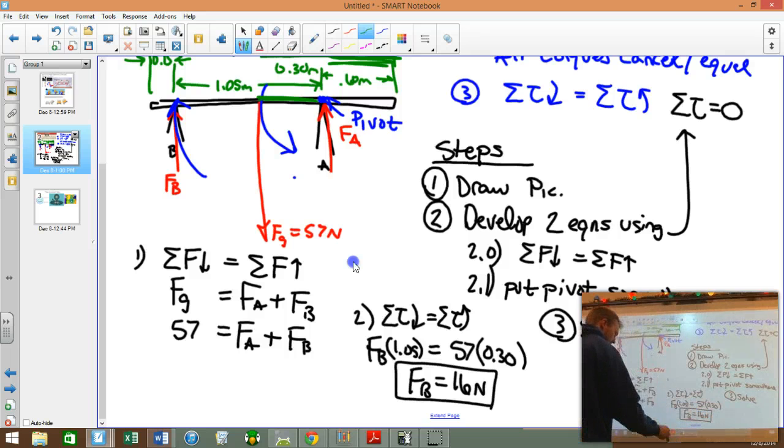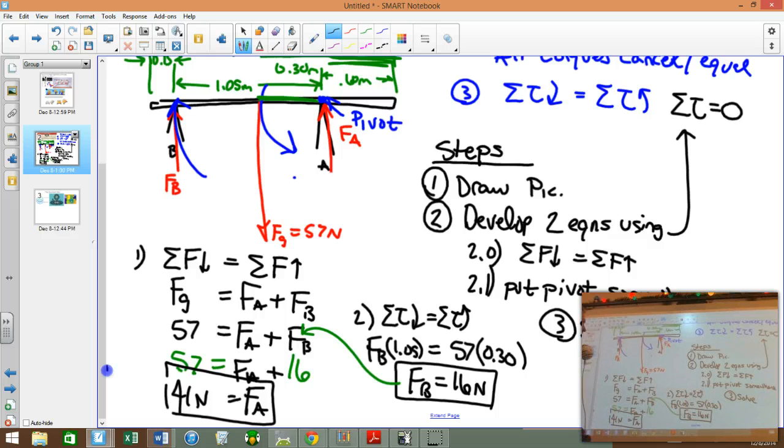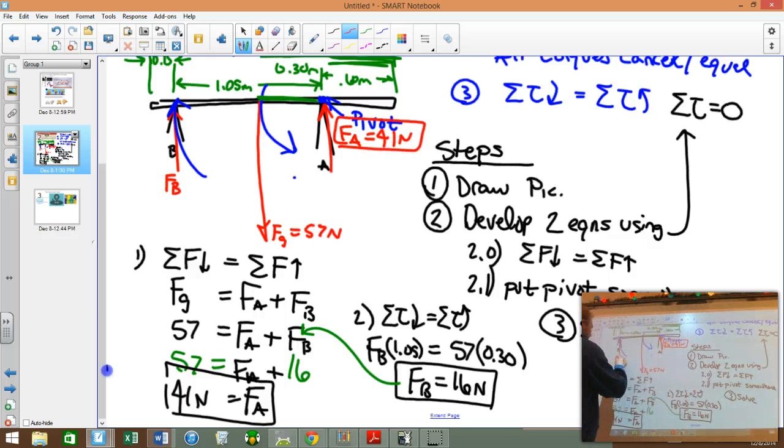And then I'm going to take this and put it back into my other equation, and I can find the force at A. So 57 equals my force at A plus my force at B, which is 16 newtons. So my force at A is just 57 minus 16, which is 41 newtons. And it should make sense that A bears the brunt because it's more towards the middle, and B doesn't have a lot of force on it, it's over towards the end.